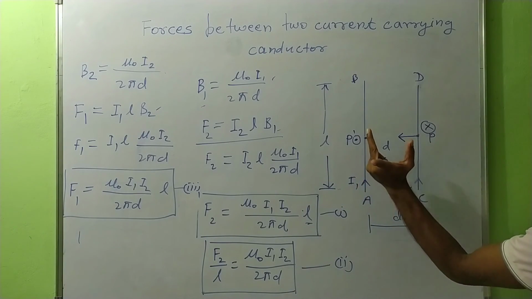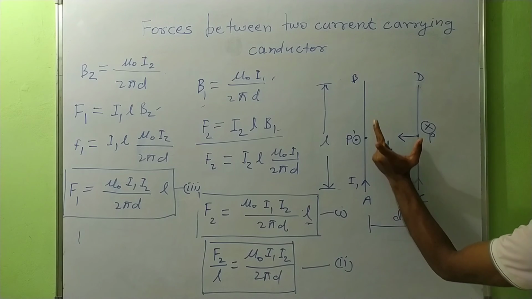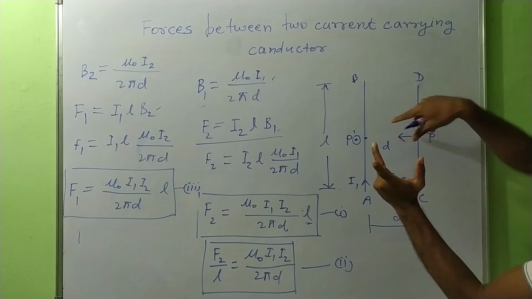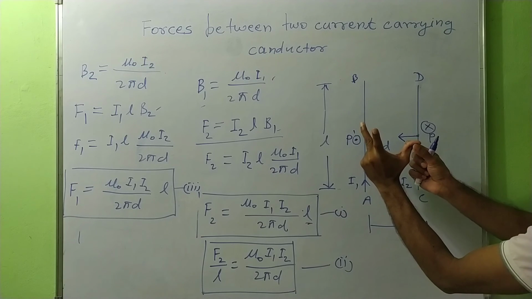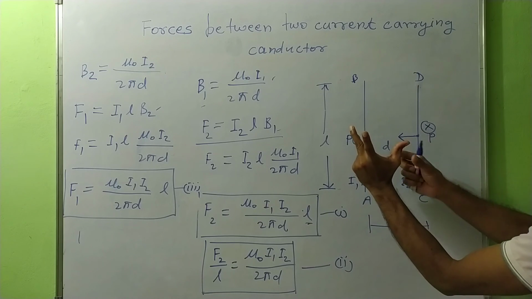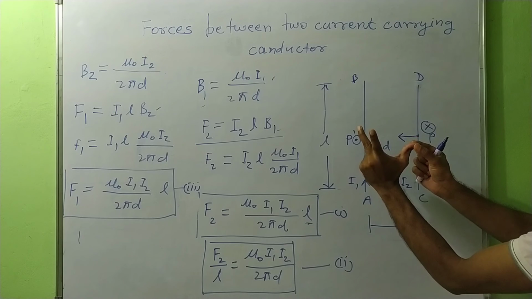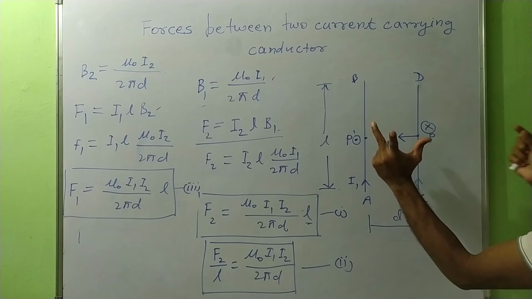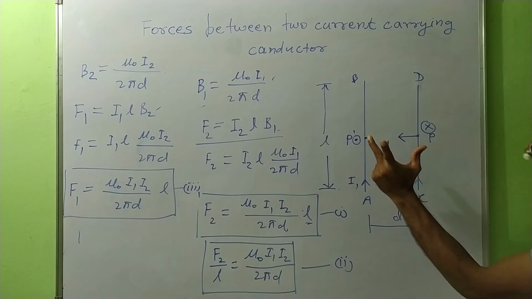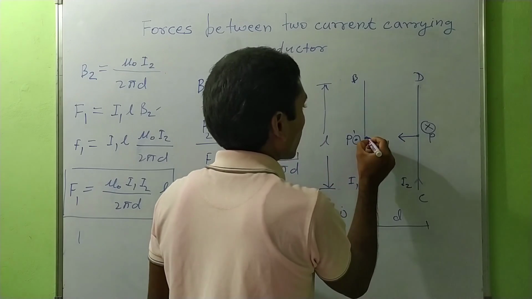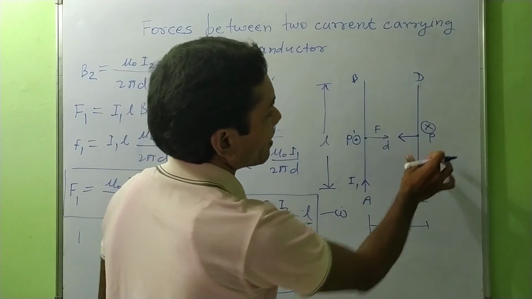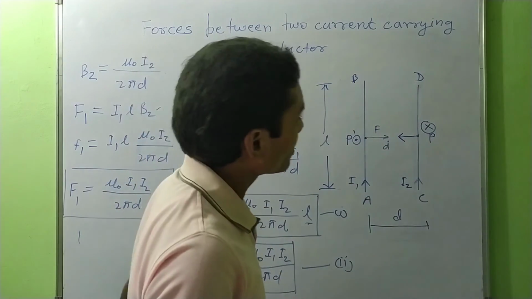This is the direction of magnetic field. This is the direction of current flowing I1. So the direction of force on AB will be along the direction of the thumb. The direction of the thumb is along this direction, so the direction of F1 will be towards conductor CD.